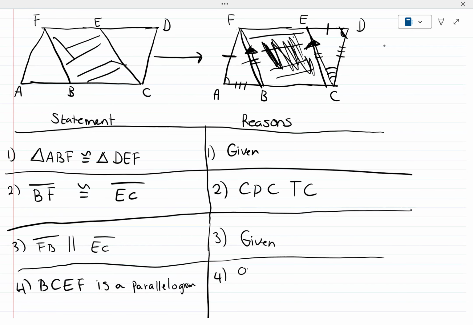So the reason would be opposite sides are parallel and congruent, that makes it a parallelogram.